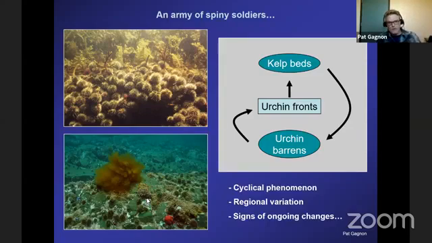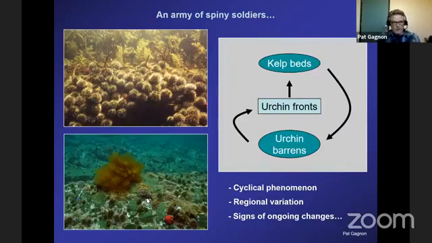If you go to Nova Scotia, you'd have a certain cycle. If you come to Newfoundland, that's a different cycle, and there are different drivers for these differences in the rate of change between kelp beds and urchin barrens. I don't have time to go into that today, but just keep in mind that it's a cycle. We have signs of ongoing changes though, because in Nova Scotia, for example, we used to have lots of kelp, and kelp are currently disappearing because another kind of seaweed is coming into the system.